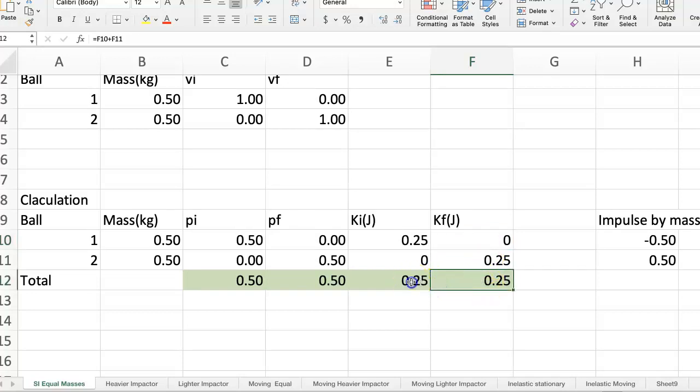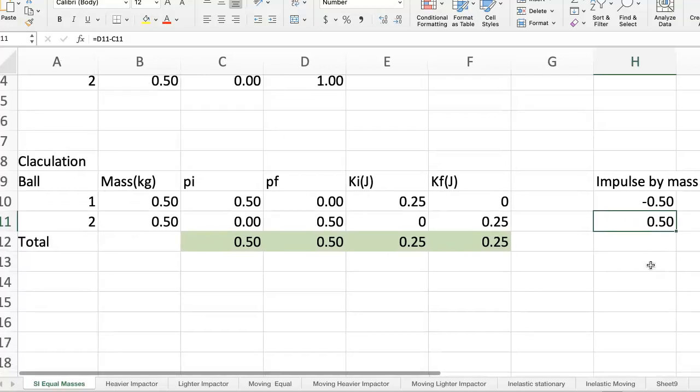And you can see, since this is elastic, the two are equal. I can calculate the impulse received by mass 1, which is its final minus initial. You can see here D10 minus C10, that is 0 minus 0.5, which is negative 0.5. And this is the impulse received by mass 2.